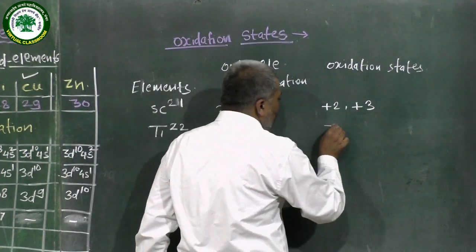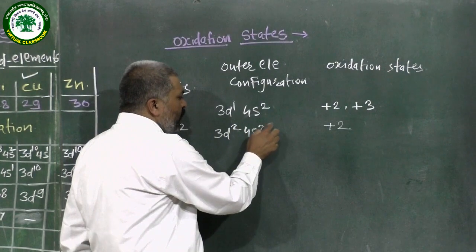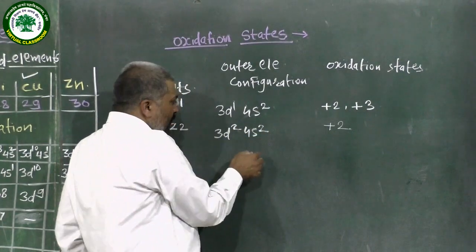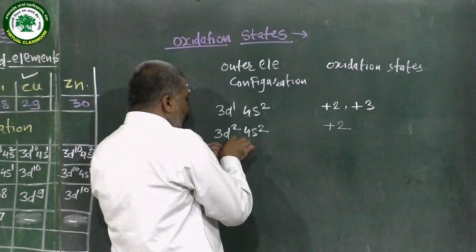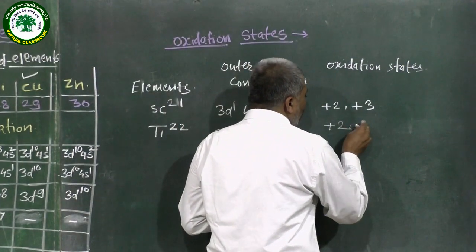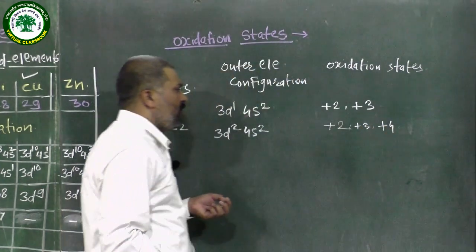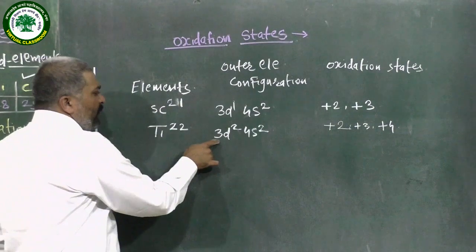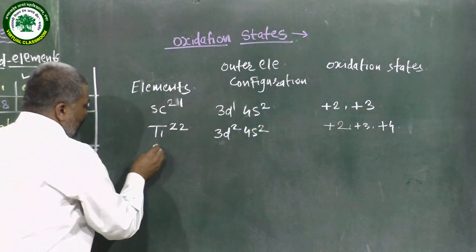Because of that, when it loses electrons, first it loses electrons from the 4s subshell, at that time it shows +2. Then one electron from 3d, that is +3, +4. The number of unpaired electrons is 2, therefore it shows 3 variable oxidation states.